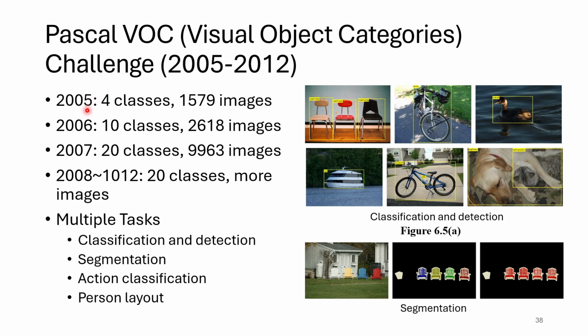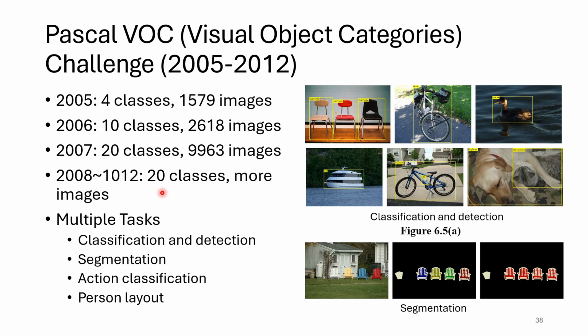In the beginning, there were only 4 classes and 1,500 images. The next year, it extended to 10 classes, and they increased the classes until 20 classes, while continually expanding the dataset from 15K to around 10K and more images.